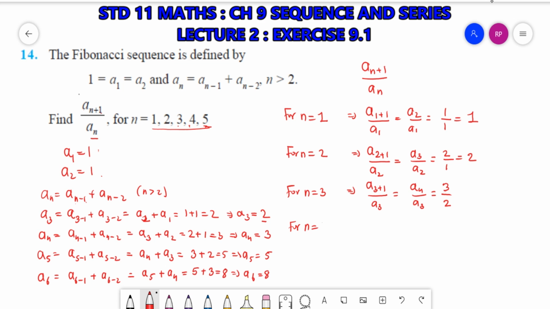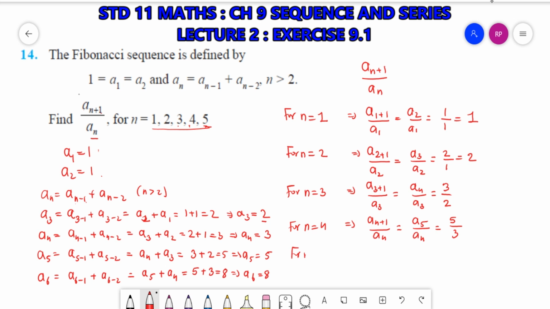For n equal to 4, A4 plus 1 upon A4, that is A5 upon A4. The value of A5 is 5 and the value of A4 is 3, so this is 5 by 3.